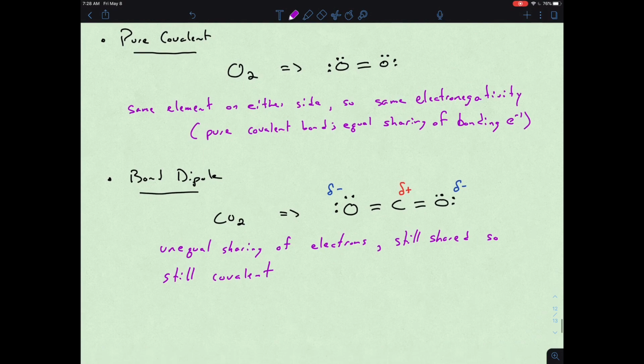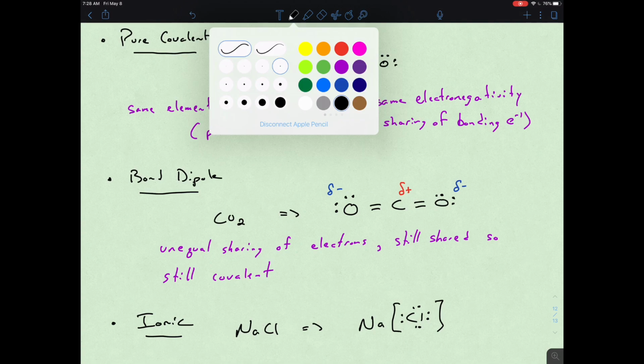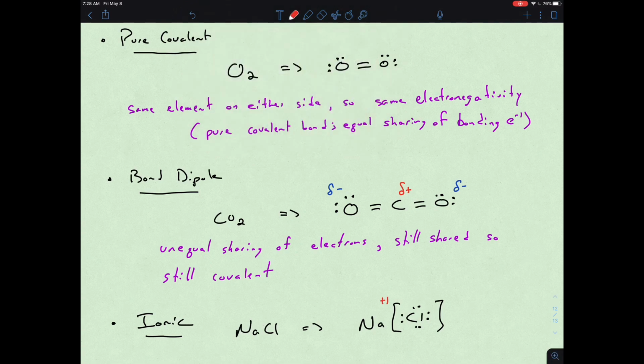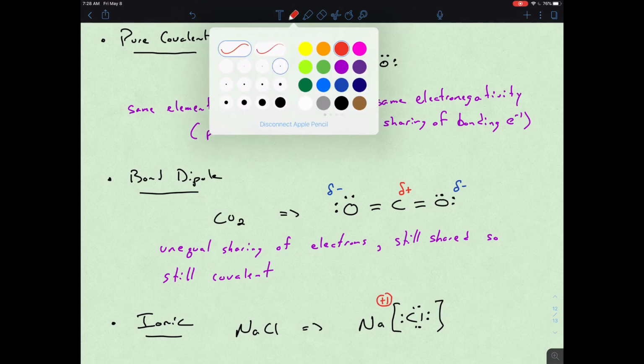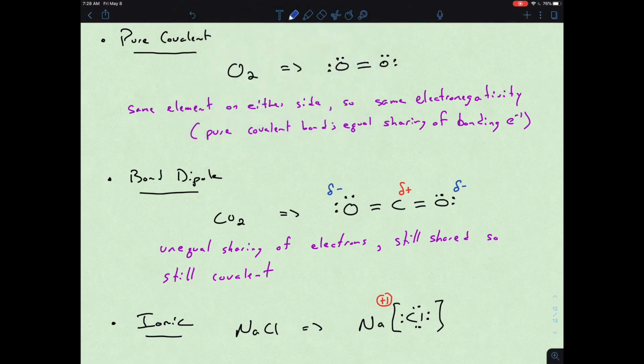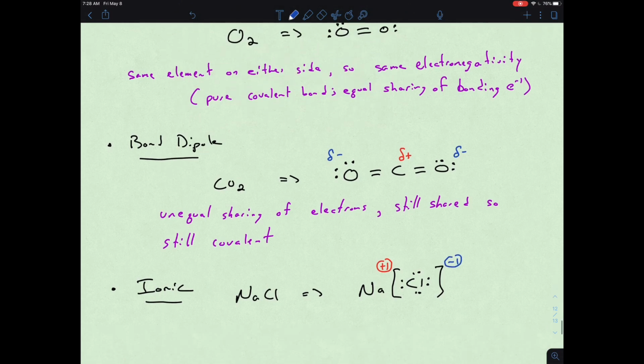And then if we get into our ionic systems, such as sodium chloride, now we're showing that those electrons are not being shared. So we have a +1 and now a -1.